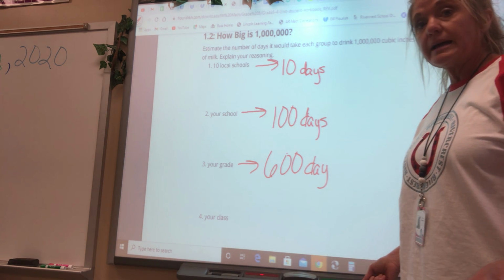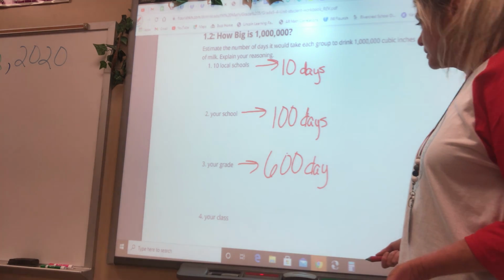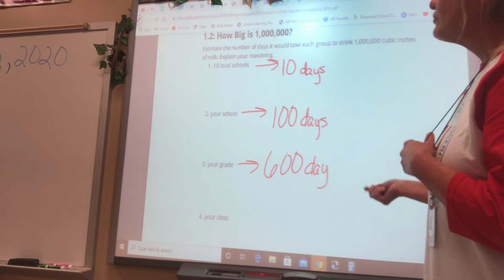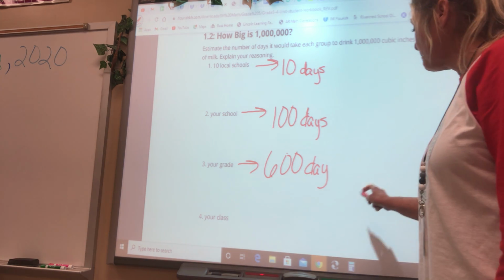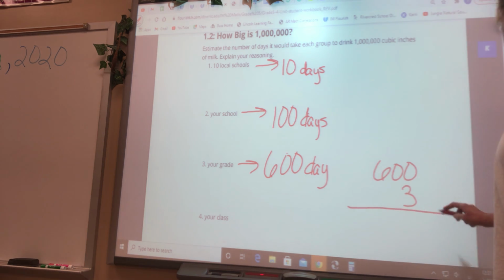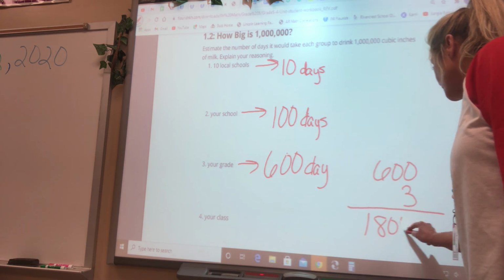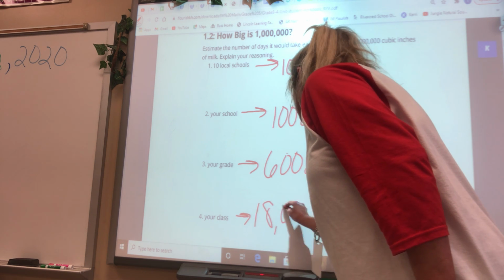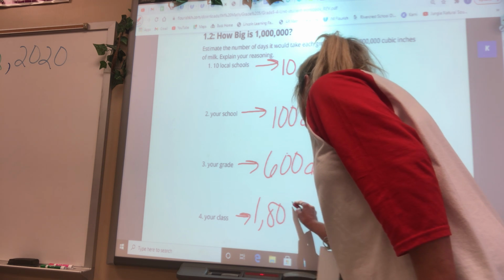Well, it told us that there were 3 classes per grade. So if it takes 600 days for the grade, then that class, and we have 3 of those classes, it would take that class about, or an estimate of 1,800 days.